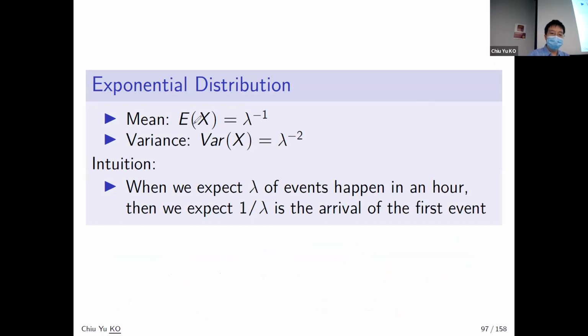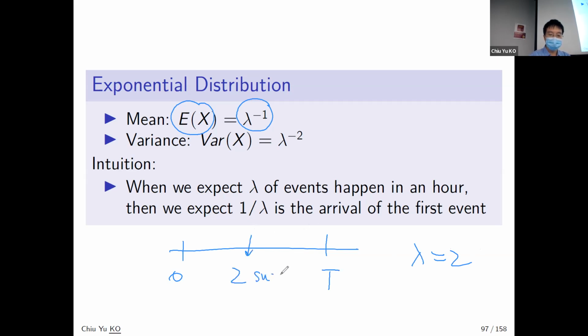So why is the mean of x equal to 1 over lambda? The reason is the following. Suppose during the period, suppose lambda is 2. That means within the interval, you expect 2 successes, or 2 events, depending on whether you want to call them successes or events.